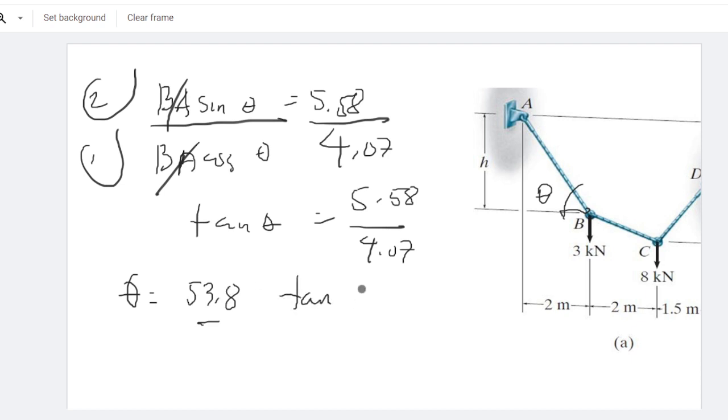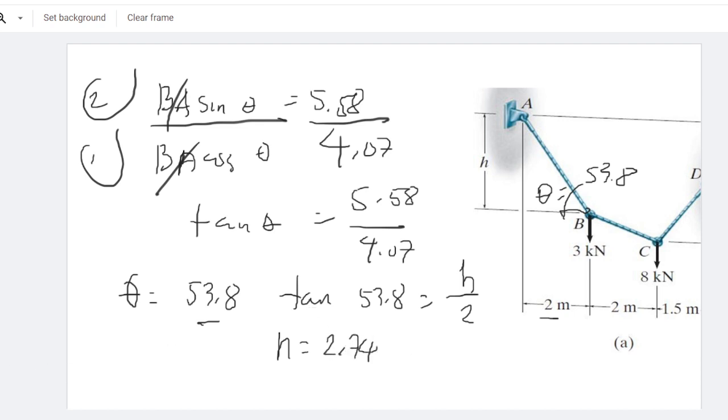Tangent of 53.8 equals h over the adjacent side, which is 2. So h will be equal to 2 meters times tangent 53.8 using your calculator.